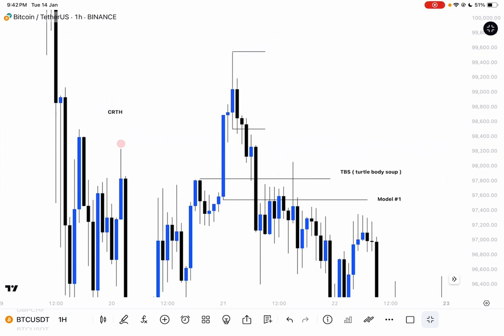So I won't measure on the lower time frame for model 1 candles. But in my beginning stage, I couldn't understand by looking, because I was a beginner at that time. Now I'm pro, so I won't measure here for model 1 candle find.